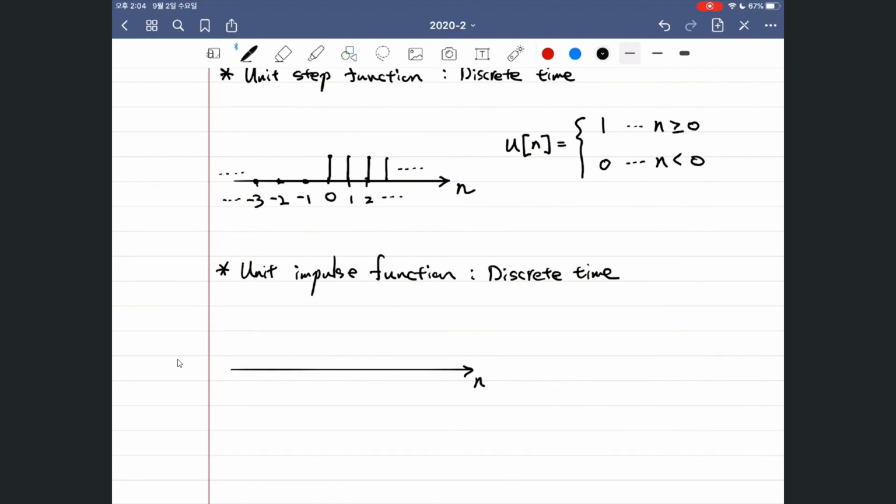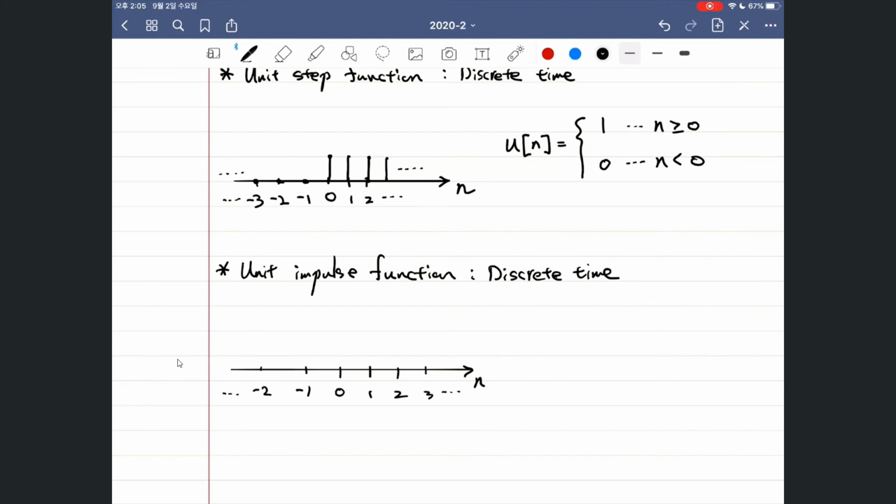The impulse function is the one with the value 1 only at n equals 0.